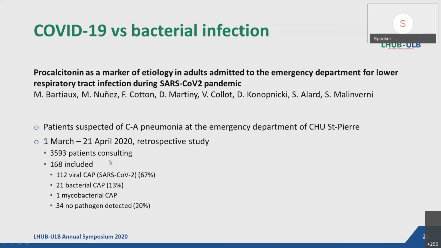Finally, only the patients who had the PCT test were included, and among them, most had a viral community acquired pneumopathy, of course, so it was the focus of the study. And we did finally compare the PCT values in these two groups.